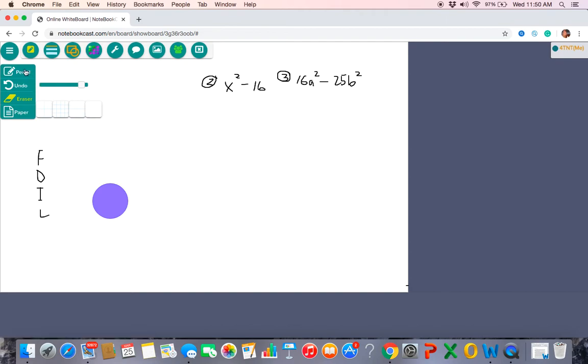I will show you that right now. I know that these particular problems are going to produce two binomials, x times x, and positive 4 times negative 4.